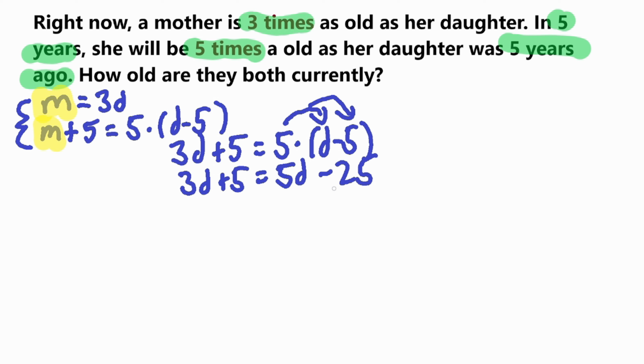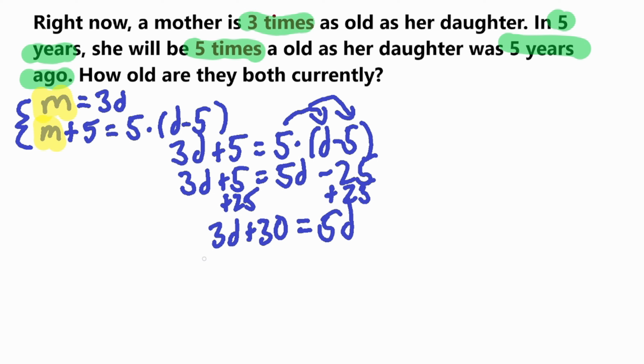So to do that, I'm going to add 25 here to both sides. So we get 3D plus 30 is equal to 5D. And now I'm going to subtract 3D from both sides to get 30 is equal to 2D.